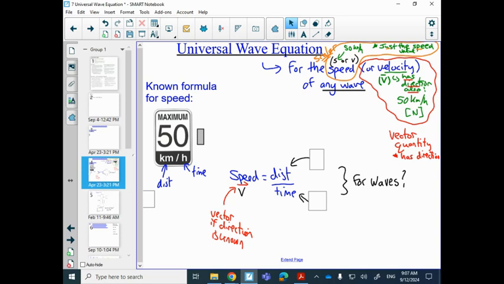So for waves, what's the distance a wave goes that we know, and the time interval it happens in? Well, there's really your wavelength and your period. The distance, the length of a wave, is the wavelength, and the time it takes the vibration to create that pattern is the period. So you've got the wavelength and the period. Let's jot that in.